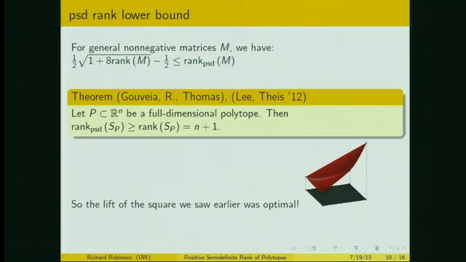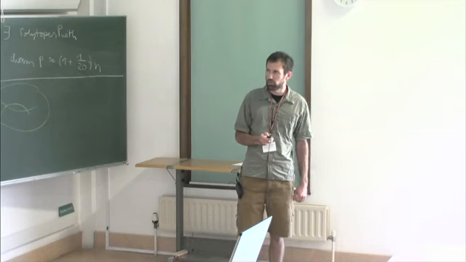So in particular, if we think back to the example of the square, this theorem says that the PSD rank of the square is at least 3, so this lift was optimal in that sense. And this raises a natural question: which polytopes achieve this lower bound? We call these PSD minimal polytopes.